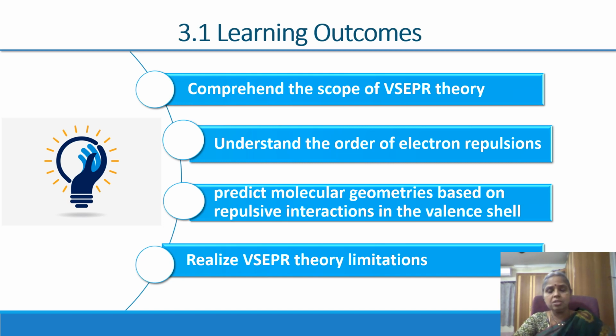So, you will know the scope of VSEPR theory, you will understand the order of repulsions between lone pair and bond pair, and you will be able to predict molecular geometries based on the repulsive interactions between electron pairs in the valence shell of the central atom, and finally realize the limitations of VSEPR theory.